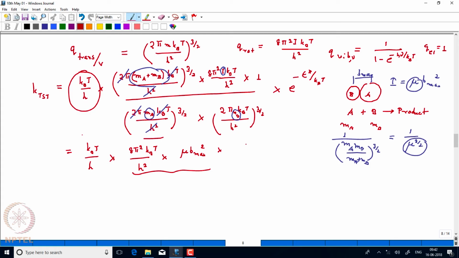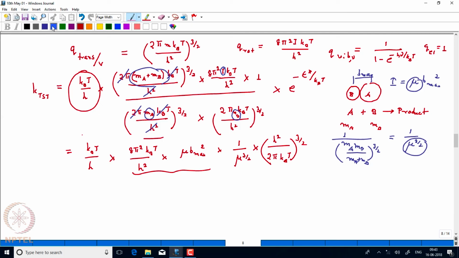And then I have 1 over μ to the power 3/2, and in the denominator I have 2π kBT divided by h² raised to the power 3/2. So that I can write as h² in the above, and then I have 2π kBT raised to the power 3/2.